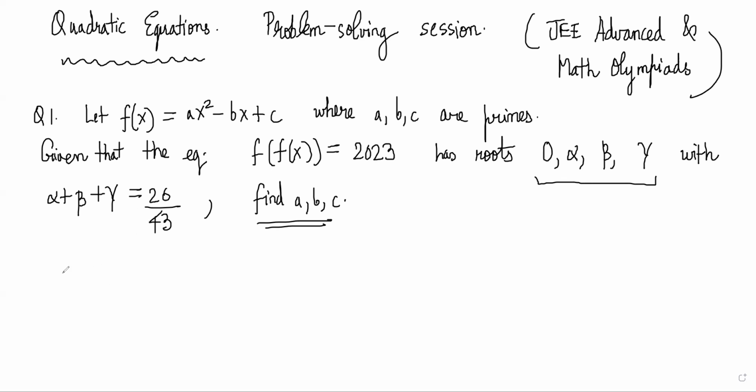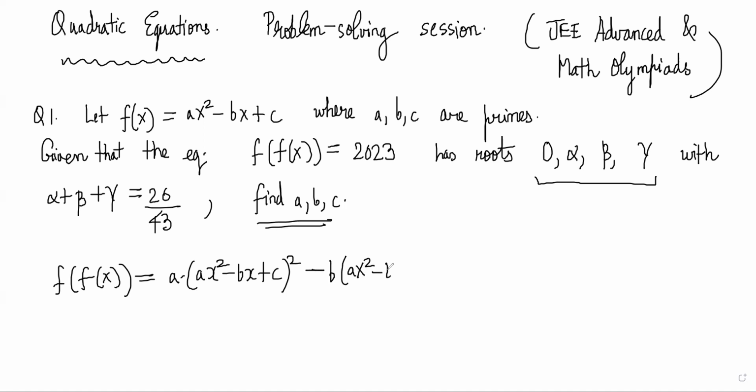Okay, so we'll start off by writing what is f of f of x. So this is a straightforward calculation. This is a times (ax squared minus bx plus c) whole square plus minus b times (ax squared minus bx plus c) plus c. And you have to evaluate this.